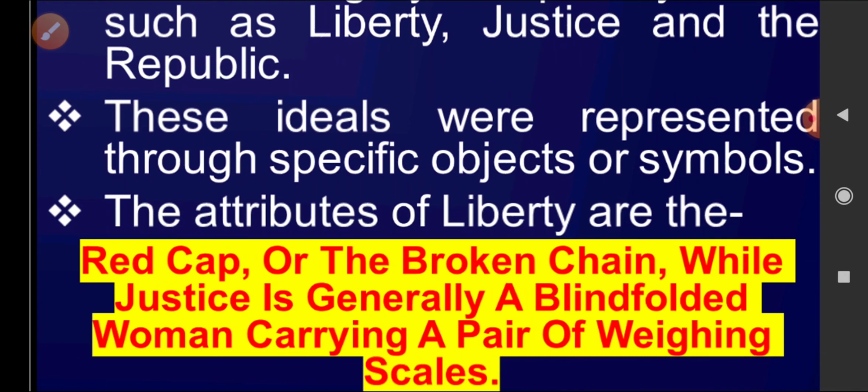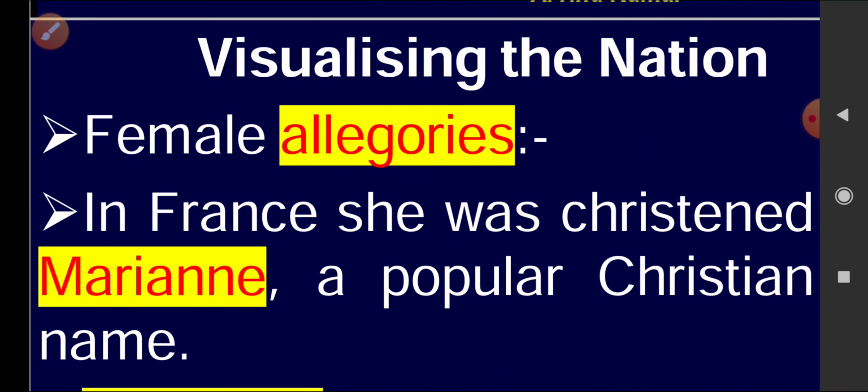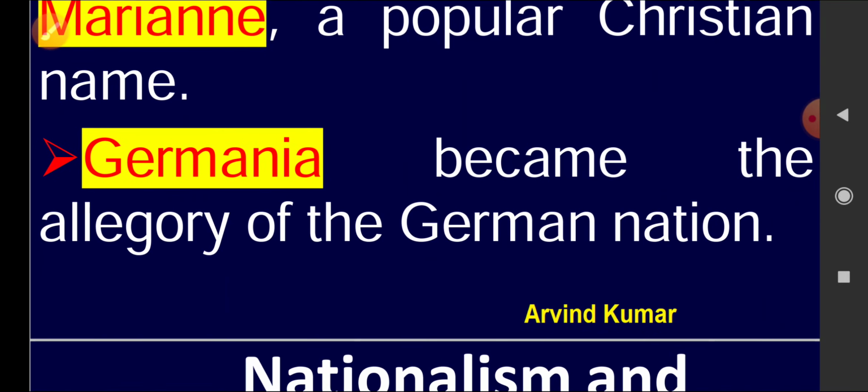The broken chain is also used, while justice is generally a blindfolded woman carrying a pair of weighing scales. So female allegories are used by different nations. In France it is Marianne and in Germany it is Germania.